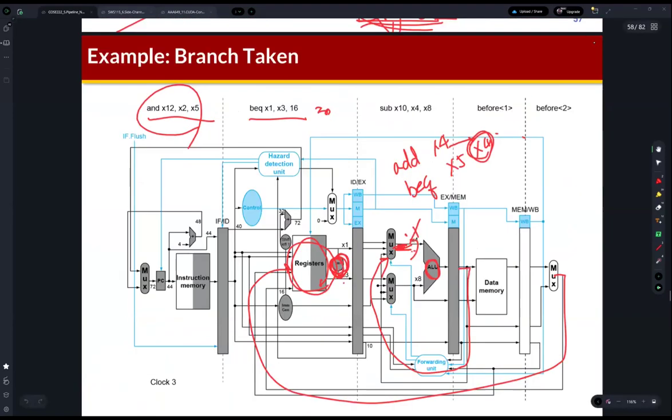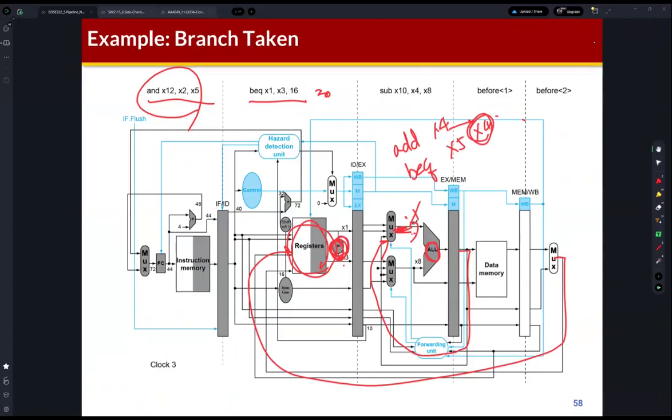So how can we reduce performance drops by this control hazard? I explained about the causes of the control hazard, right?